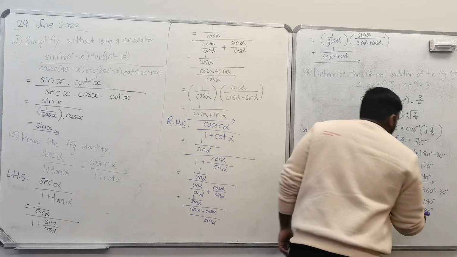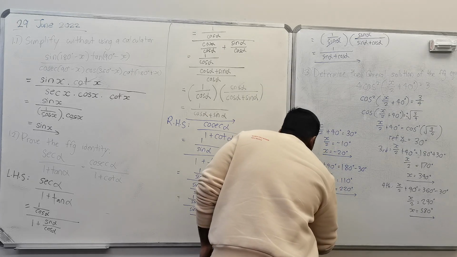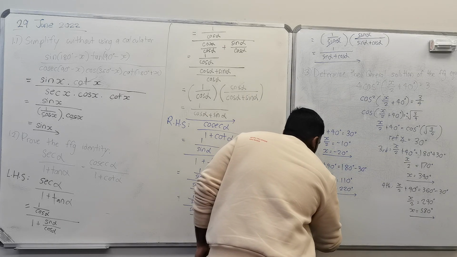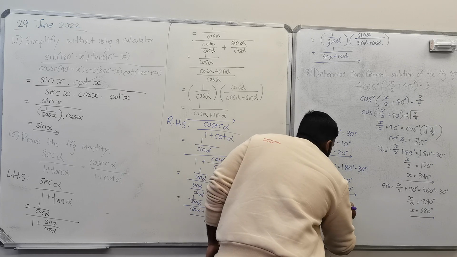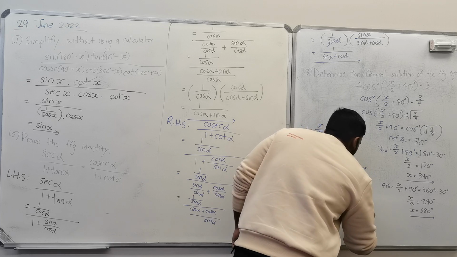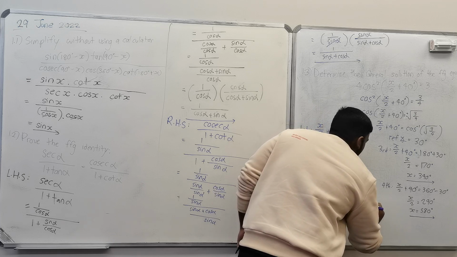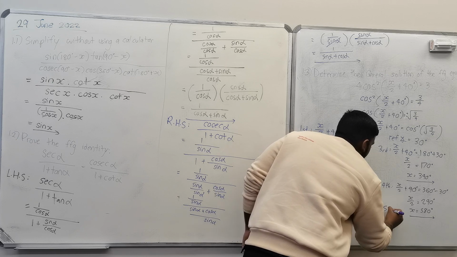Right? So these are all your values of x. Writing them in order from smallest to biggest: minus 20, 220, 340, 580.